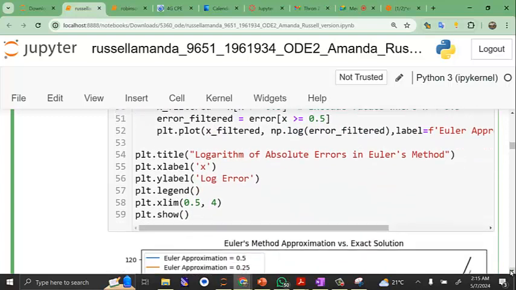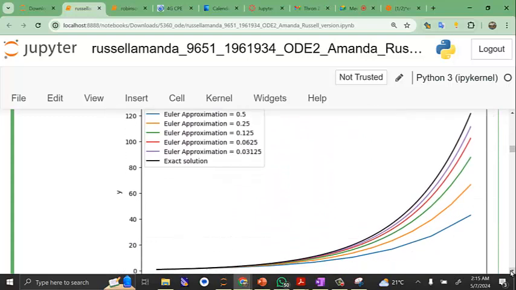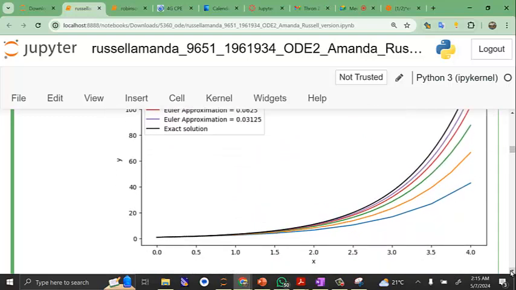Yes, that was part of the condition. So you should have done something like this, and you can see kind of this exponential behavior, and you can also see the convergence of these different Euler approximations to the exact value, which is the black one. But the convergence is not all that rapid.